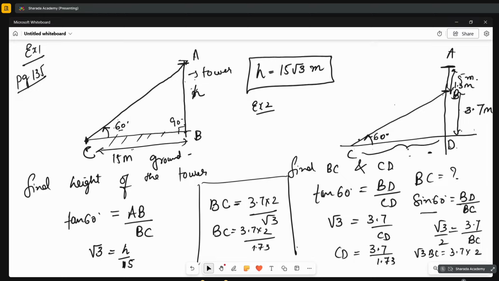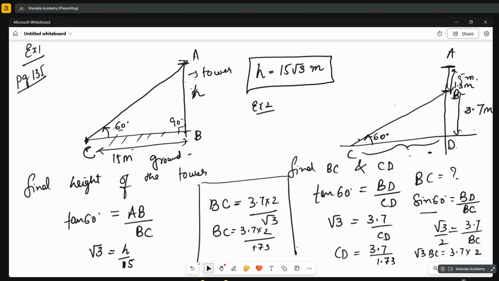You can do everything, it is the same. You can take sine first, then you will get BC first. He is asking both BC and CD. BC is the ladder length, CD is the distance between the ladder and the pole. Both he is asking, both you need.